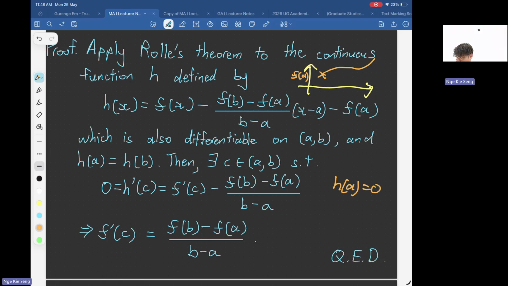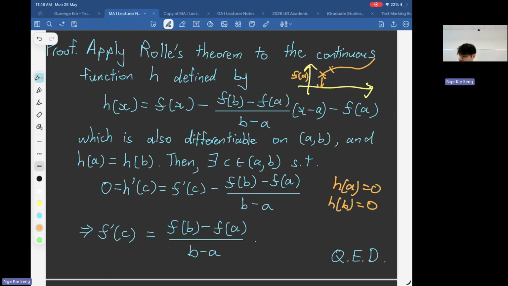Is that true? h(b) you also get 0. So I think what this is trying to do is shift this function down to 0 first.